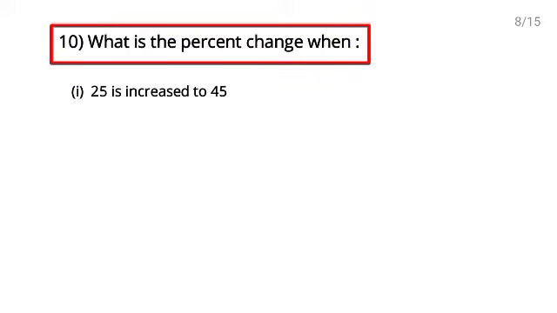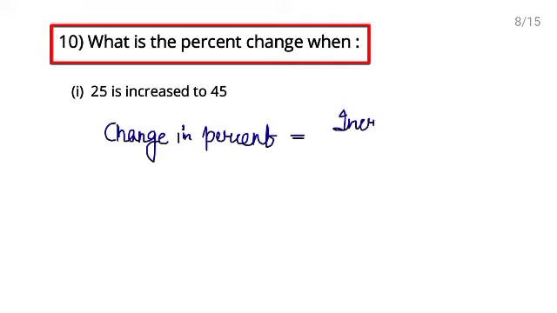Next, question number 10. What is the percent change? Percent change का फॉर्मूला क्या होता है? Change in percent is equals to increase or decrease upon original value.